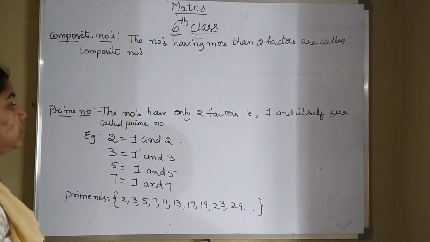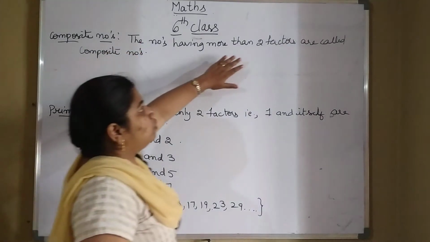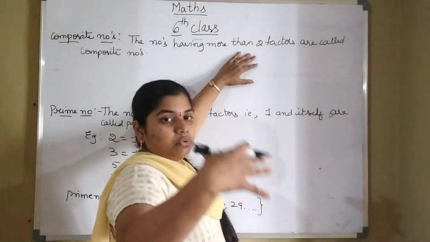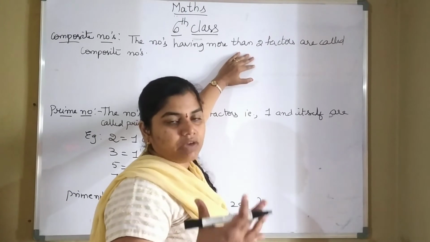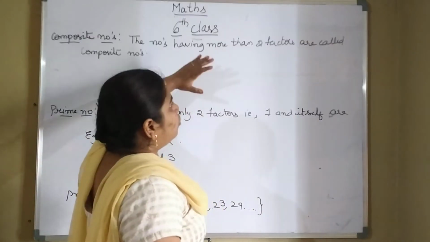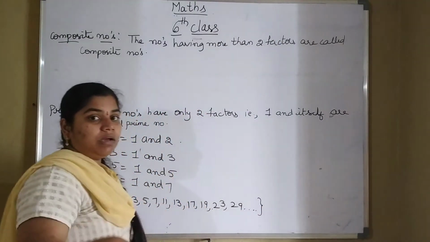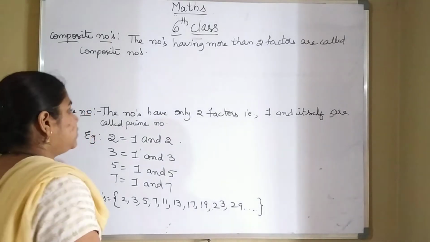So what are composite numbers? The numbers having more than 2 factors. More than 2 factors means it can be 3, it can be 4, it can be 5 and so on. So if it is having more than 2 factors, those numbers we will call as composite numbers.